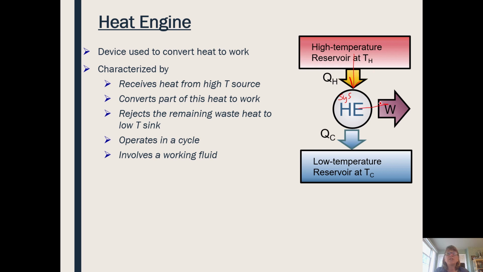Some of it goes into work, and the remaining heat goes into our low temperature reservoir. And then it's a cycle, so we'll have another way to get energy back up, like our working fluid, from the low reservoir back up to the high reservoir. So we're going to think of it as a cycle.